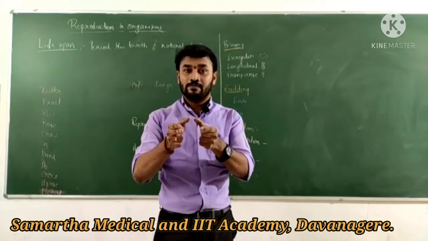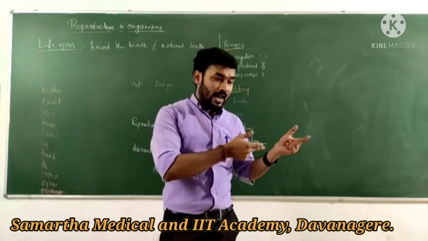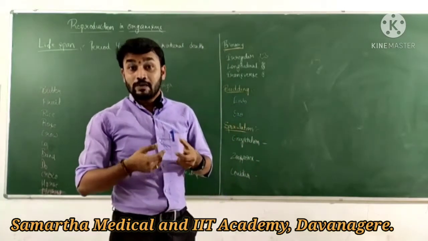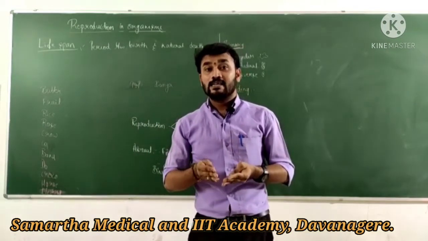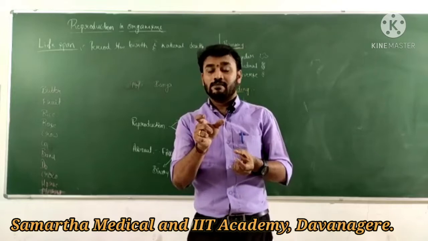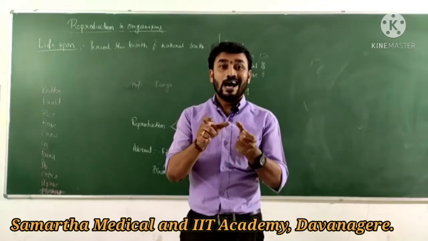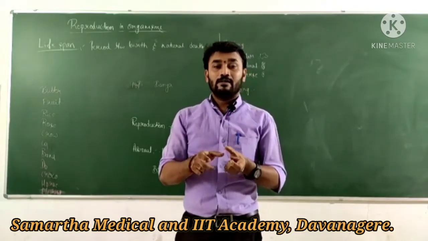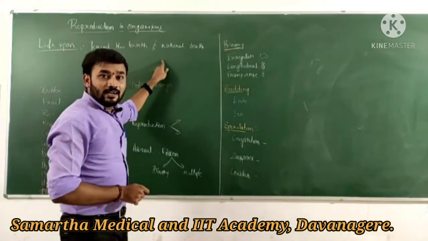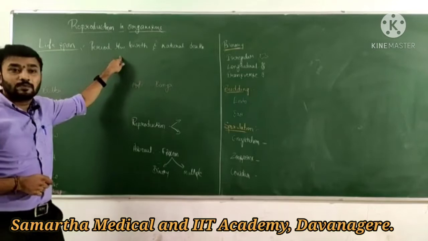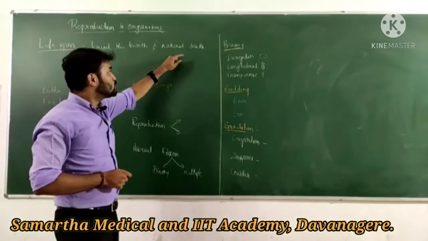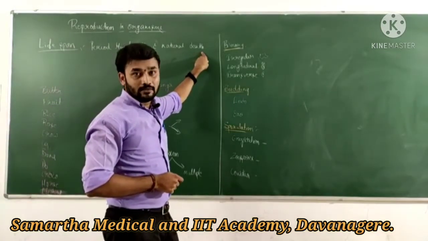Earlier we used to say that human beings have more than 100 years of lifespan, but now we say not 100 years, only 60. Yes, 60 years is our average life period. Generally, according to NCERT biology, we define lifespan as the period between birth and natural death.